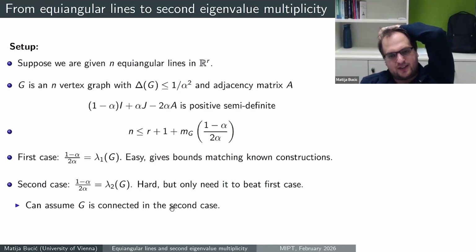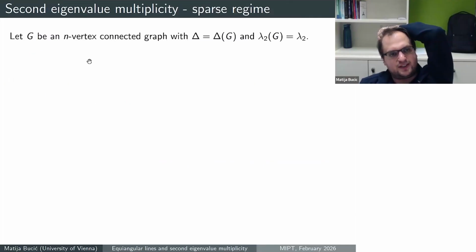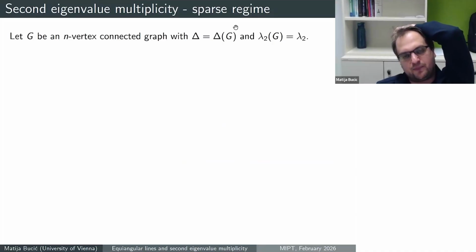So to summarize, what we have now is an n-vertex connected graph with some control on the maximum degree, and we know what its second eigenvalue is. It's this 1 minus alpha over 2 alpha, and the max degree is at most 1 over alpha squared. But really, I'm now stating this as a completely general problem.